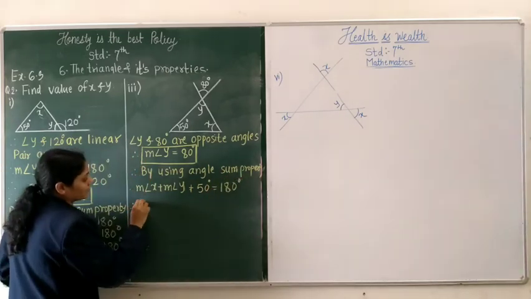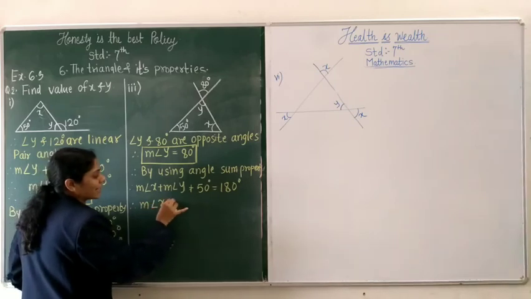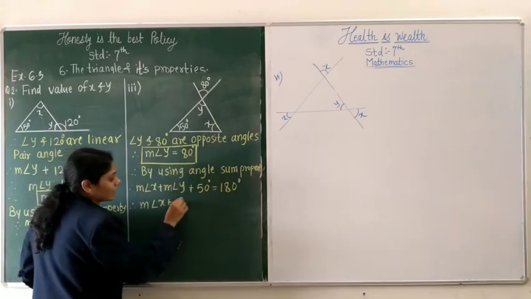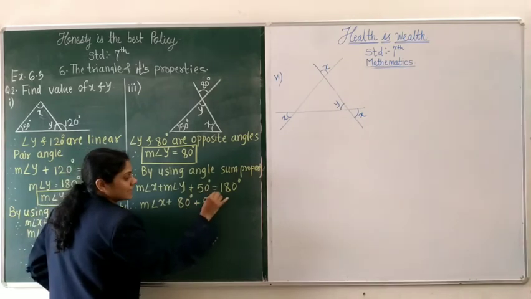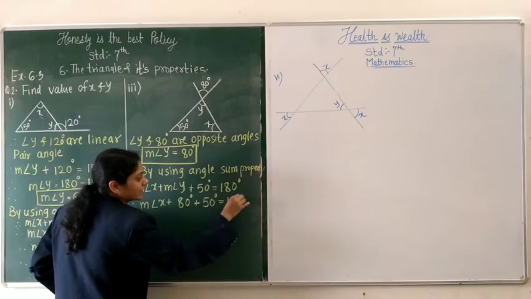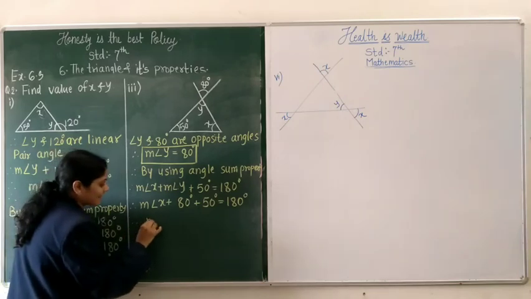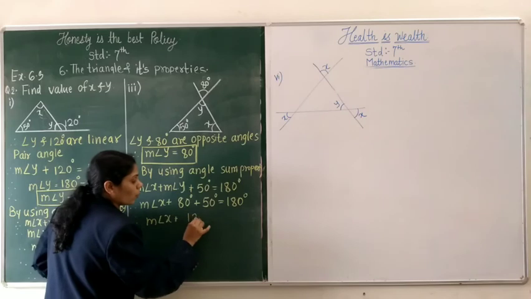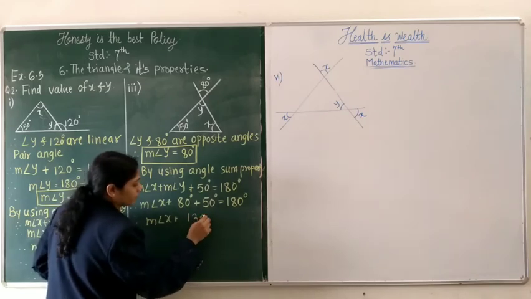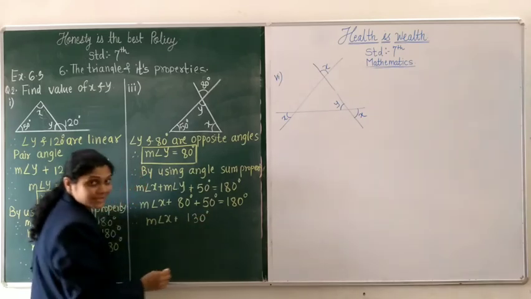Now look at here, we know that the measure of angle y is 80 degrees. So I will write here x plus 80 degrees plus 50 degrees is equal to 180 degrees. So measure of angle x plus 80 plus 50, which is 130 degrees. Is it right?